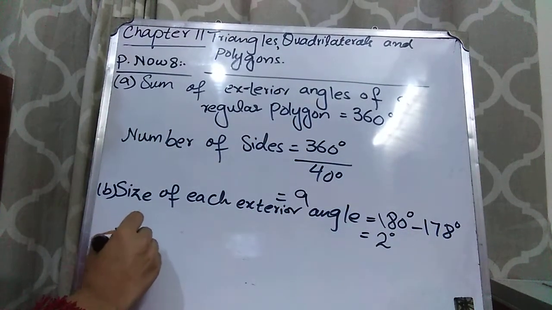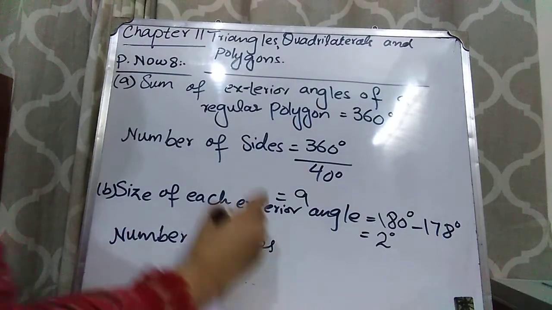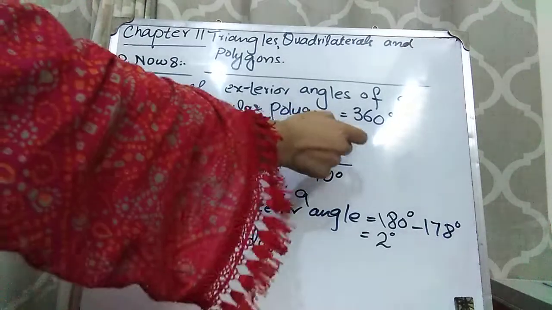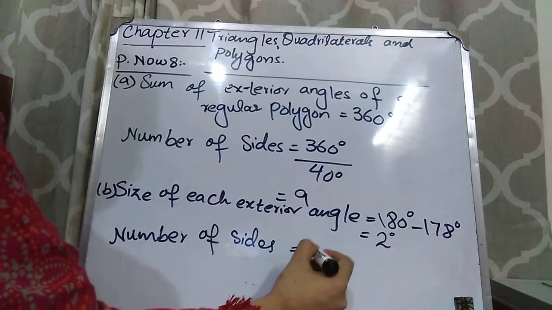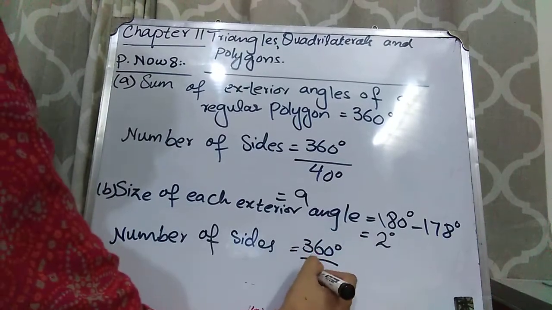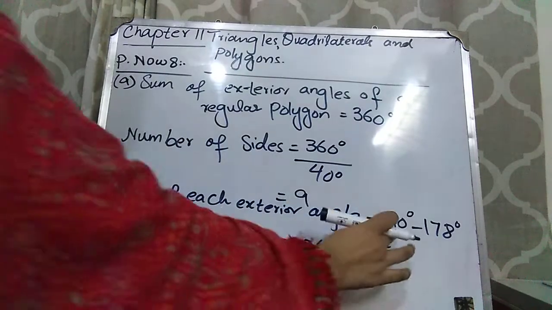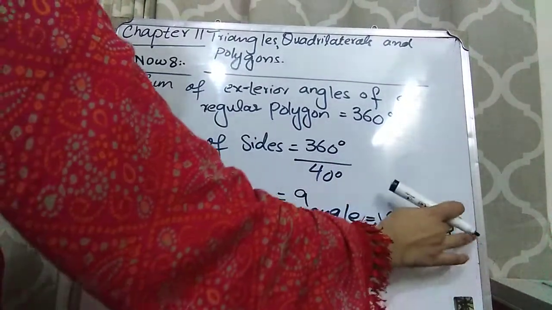You know that we can find out the number of sides by dividing sum of exterior angles of a regular polygon with each exterior angle. So sum of exterior angles are 360 degree and each exterior angle is 2. So when you will divide it, okay, we are finding out the sides, so we will not put this degree sign.